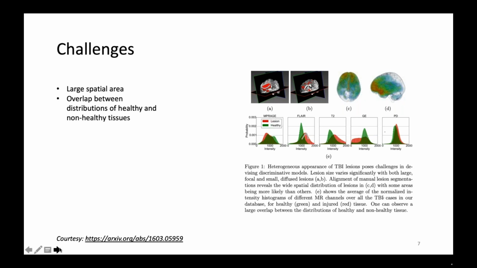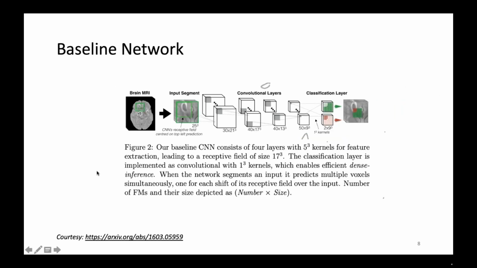So far, I hope there are no questions. So here is our baseline network. Our baseline network consists of 4 layers of 5 by 5 by 5 kernel for feature extraction, leading to a receptive field size of 17 by 17 by 17.